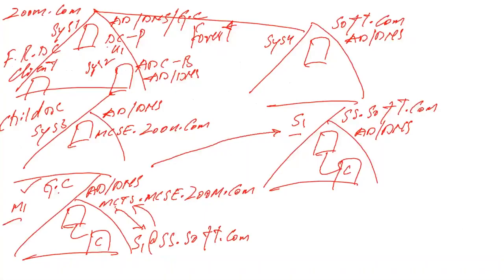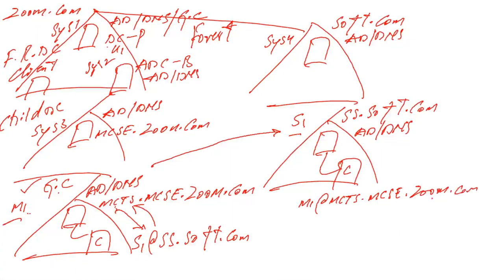Okay. Now, I have one user account here in the MCTS domain, that is M1, and this M1 user wants to log in very fast. The M1 user wants to log in from ss.soft.com clients. Can we log in or not here? So the user types his name and his domain name, that is mcts.mcsc.zoom.com.